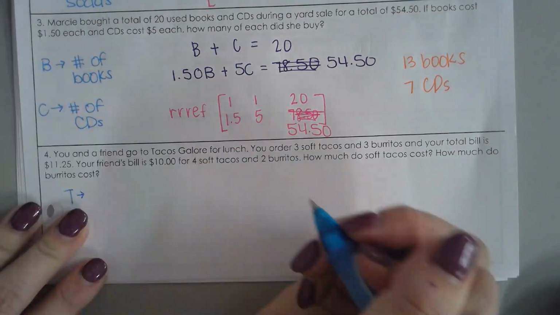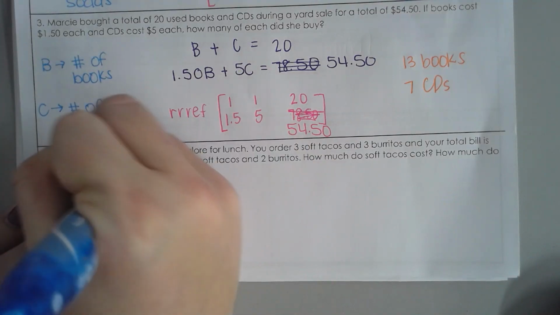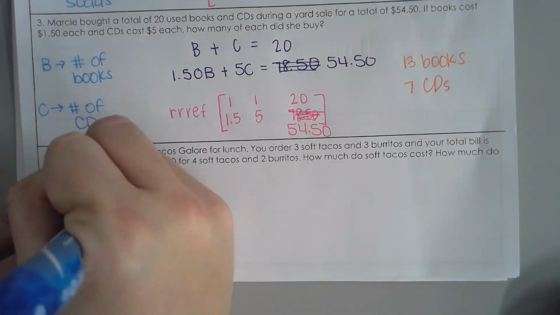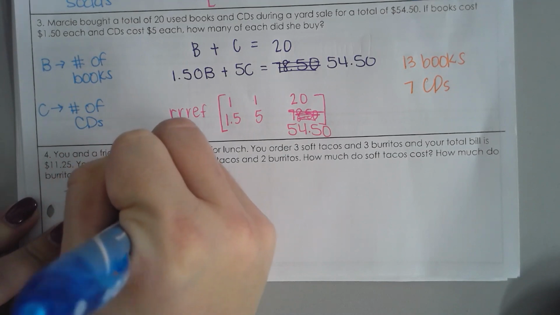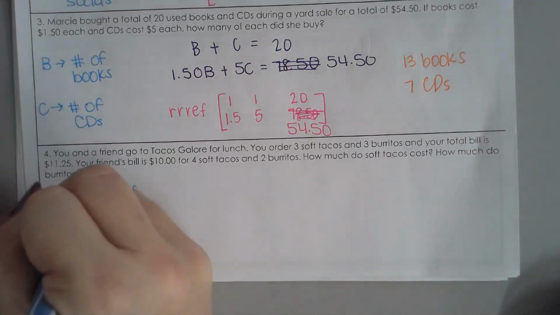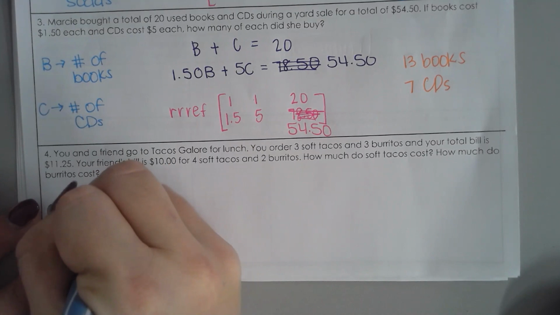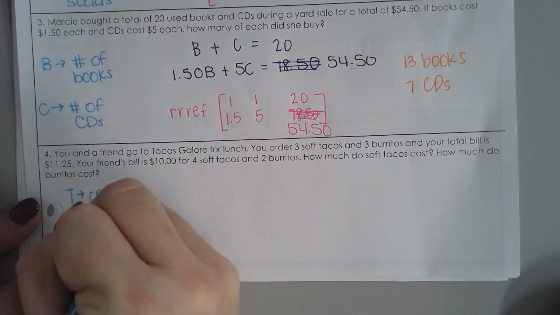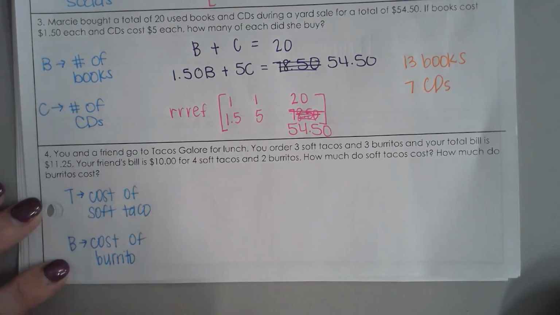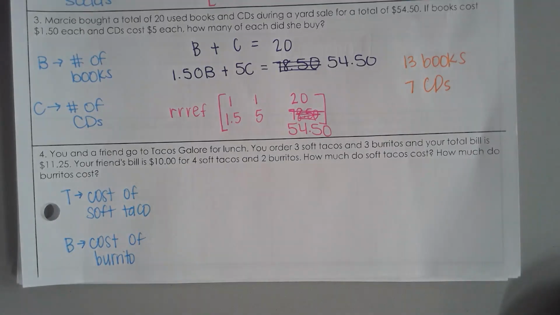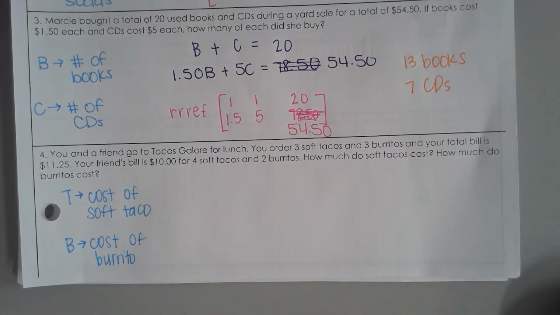So T is the cost of the soft taco, and B is the cost of the burrito. T for taco.